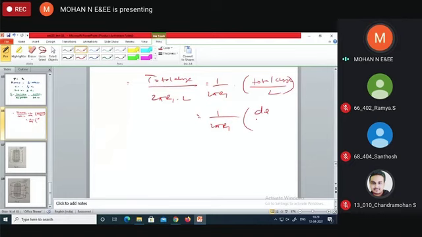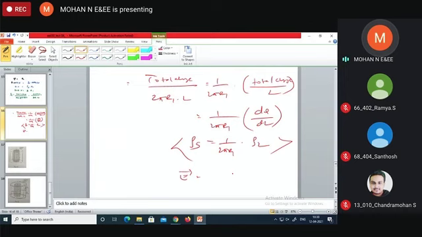Rho L. Yes, it is nothing but dq by dl. So it is nothing but 2 pi r1 into rho L, which is exactly equal to rho s. If you substitute here, you will get the final expression: rho L by 2 pi epsilon naught into r into a_r cap.